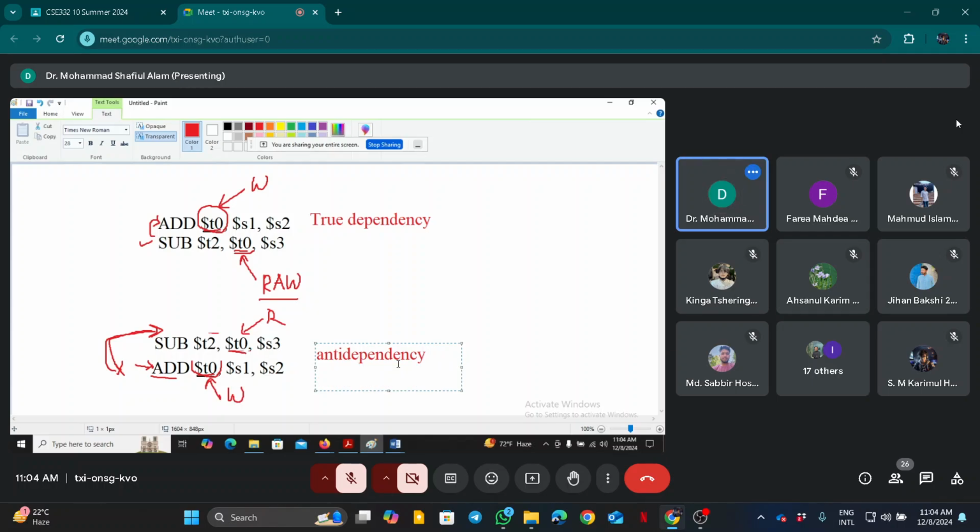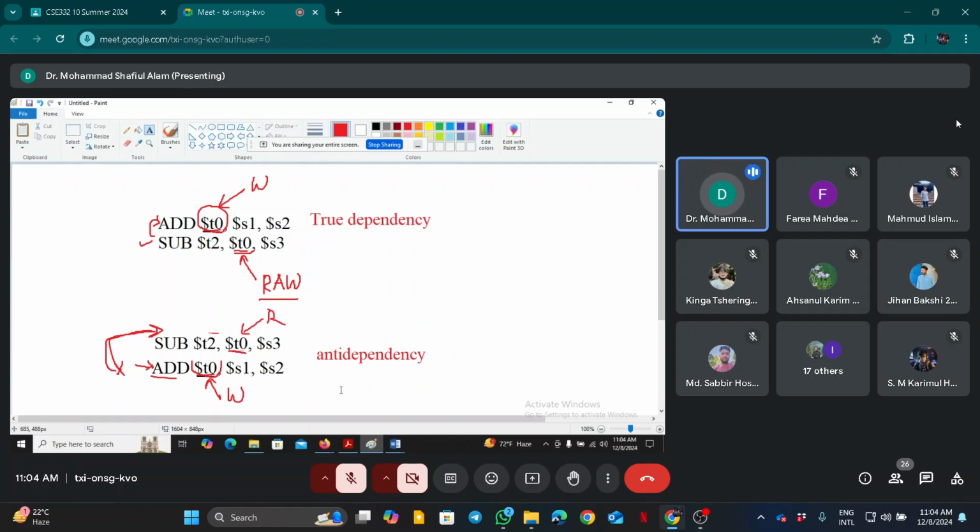Anti-dependency. And we have another name just to avoid this hazard. And what is it? We must write after read. Write after read. It means this instruction should be processed first, followed by this one.